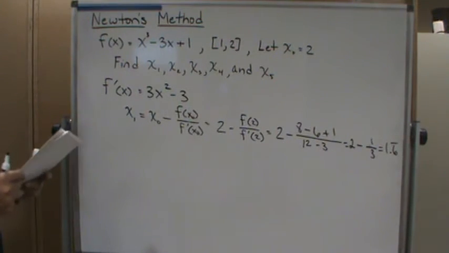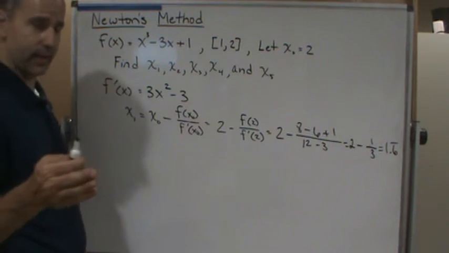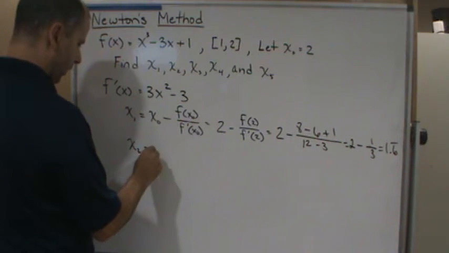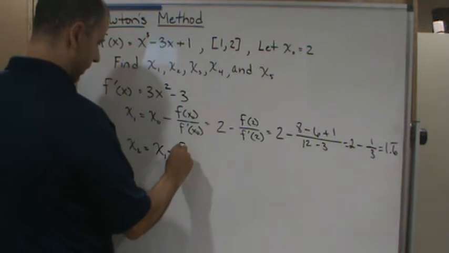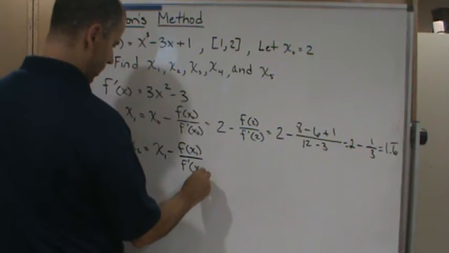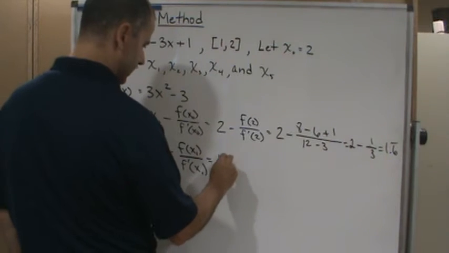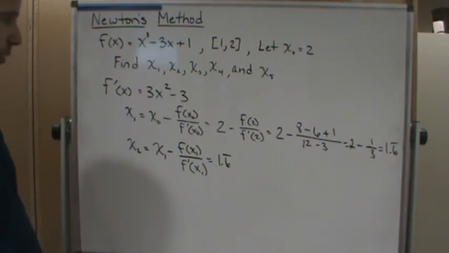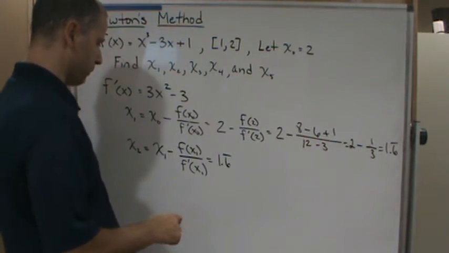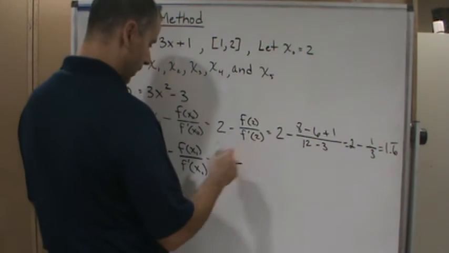Now we save that in our calculator. I'm going to write down the answer, but I'm going to show you the same formula. So now find x2. We're going to do x1 minus f of x1 divided by f prime of x1. x1 is 1.6 repeating. This is why you want to store this in the calculator, because you want to eliminate the round off error as much as possible, because it will have a compound effect and it will affect your answer.